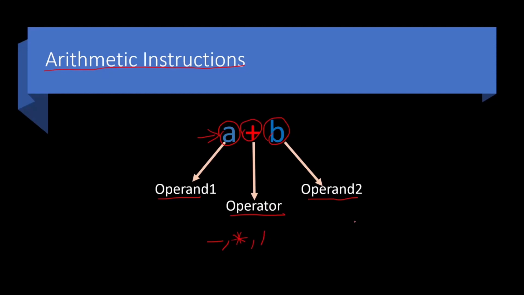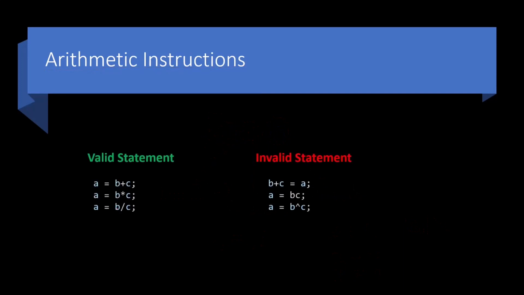Now here you can also write 3 plus 4, 3 minus 4, 3 multiply 4, and 3 divided by 4. You can write these statements in numeric values, or you can use variables. Okay, now after this we talk about valid statements and invalid statements.